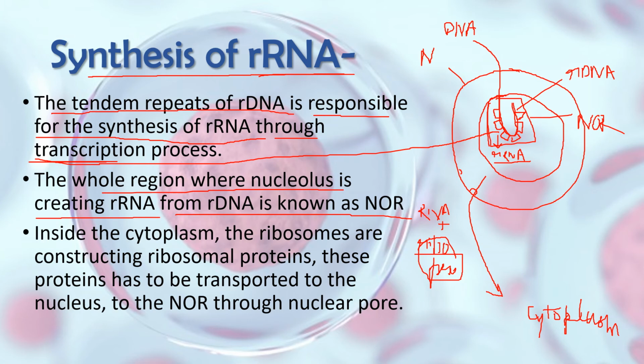Inside the cytoplasm, the ribosomes are constructing ribosomal proteins. These proteins have to be transported to the nucleus, to the NOR, through the nuclear pore. Suppose this is our cytoplasm. Here we know that there are so many free ribosomes present.